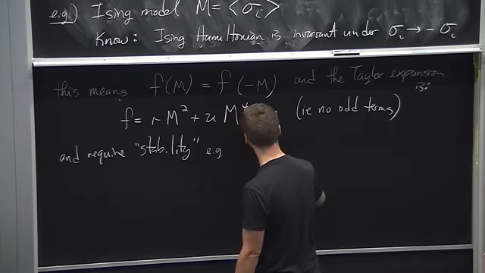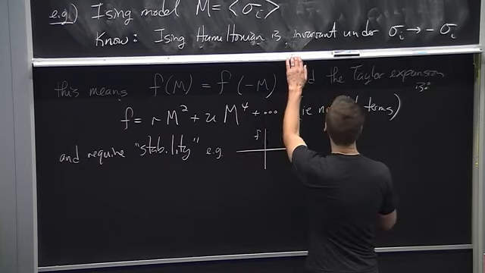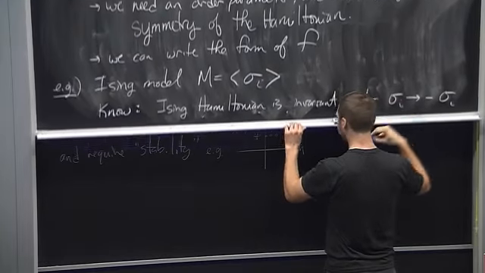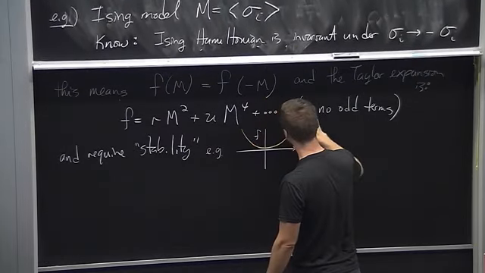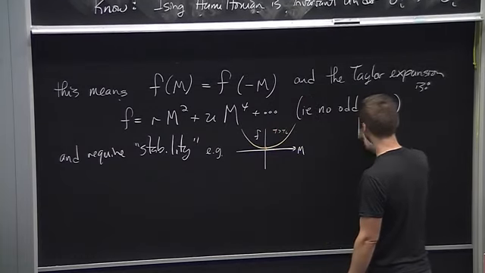If we plotted the free energy versus magnetization, we had two curves previously, one for t greater than Tc, one for t less than Tc.